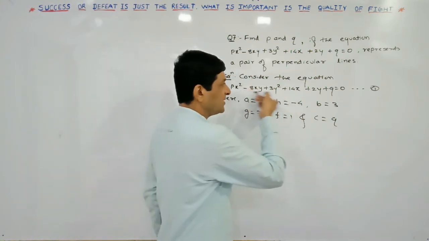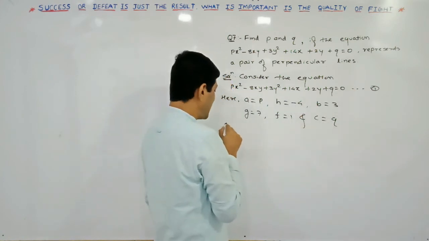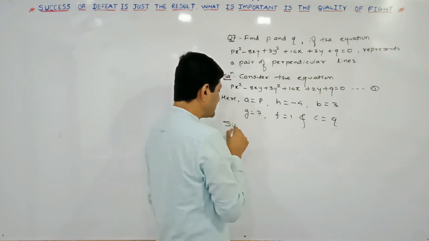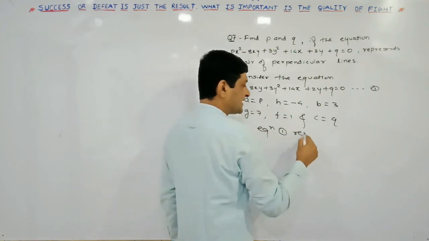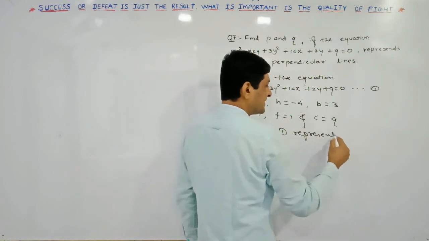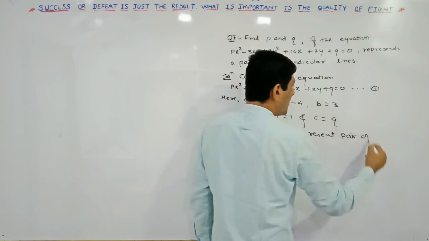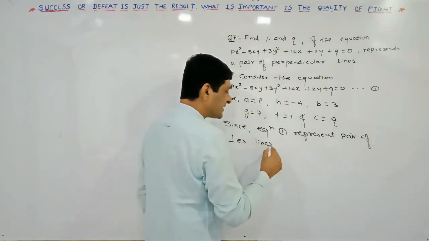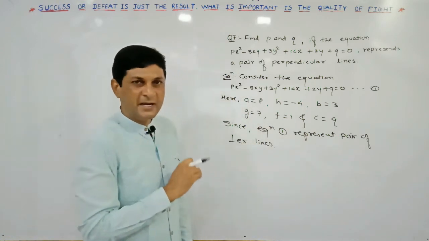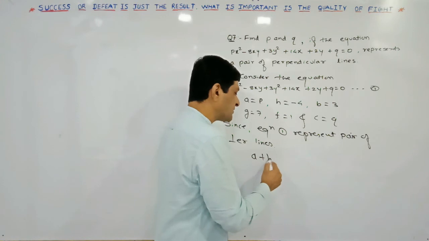We have already denoted this general equation by equation number first. Since equation first represents a pair of perpendicular lines, if the lines represented by the general equation are perpendicular, at that time we know that a plus b will be equal to 0.